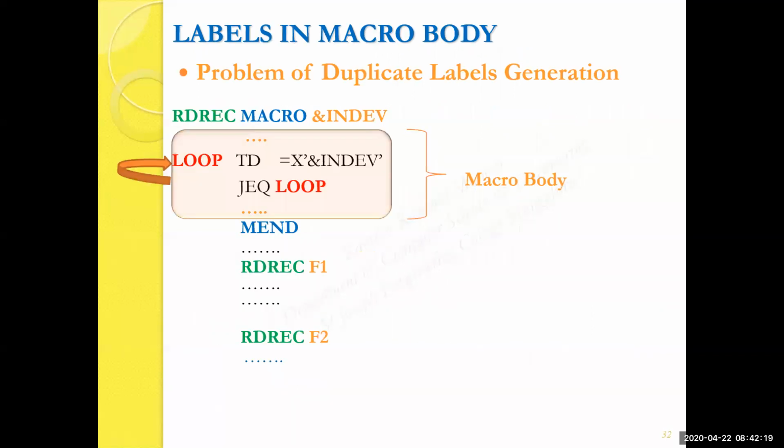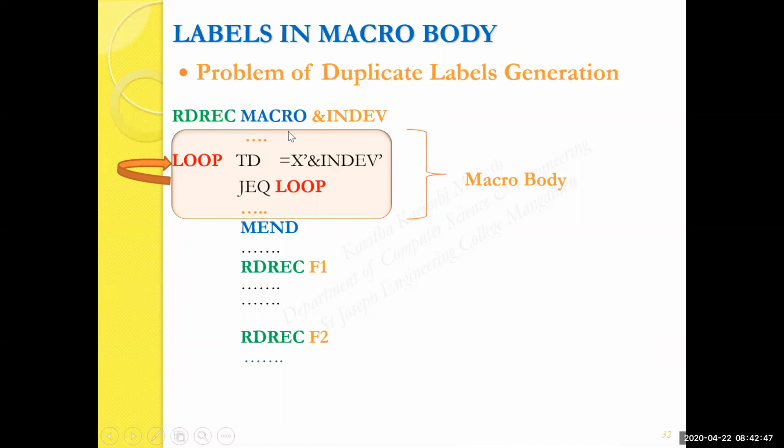In order to understand this, we will take a macro, namely RDREC, which is parameterized, which has a single parameter, namely INDEV. So RDREC is a macro which is used to read records from an input device into some memory locations. So please note the macro is named RDREC and it has one parameter, namely INDEV.